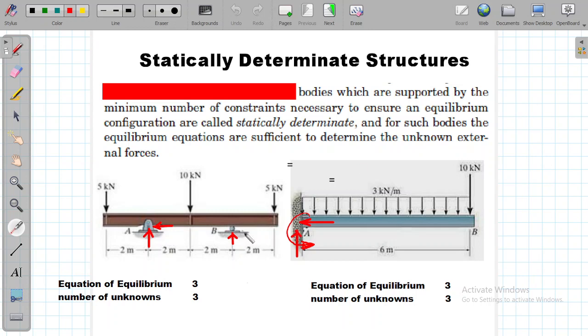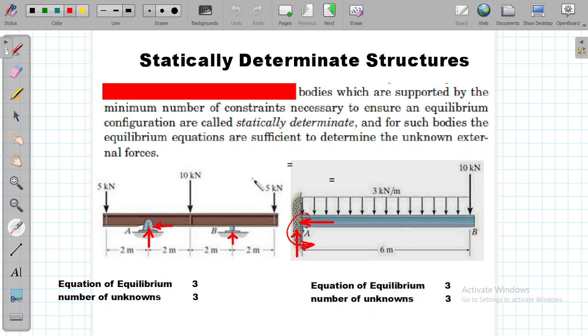If you look at this beam, there is a pin support here and a roller support. A pin support will always give you two reactions, and a roller support will always give you one reaction. So if you add them, pin and roller give you three unknown reactions.